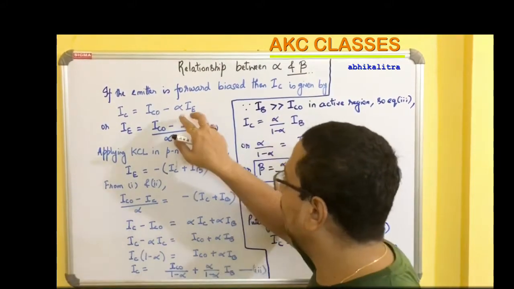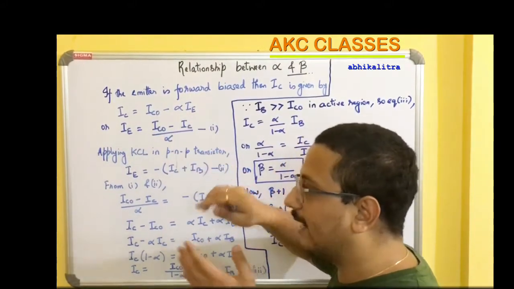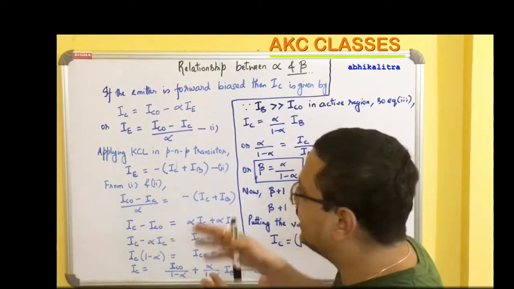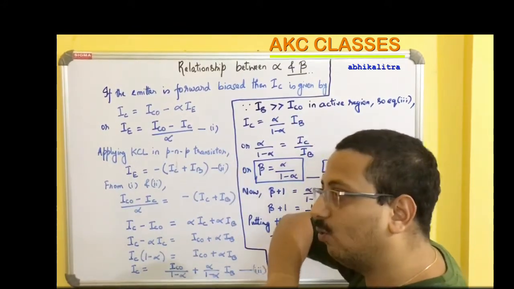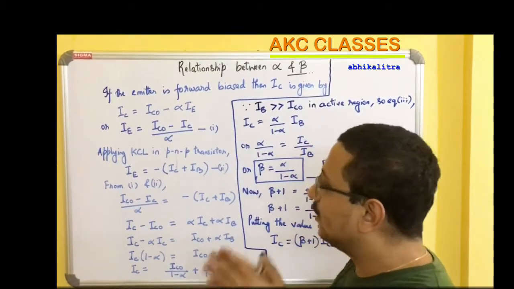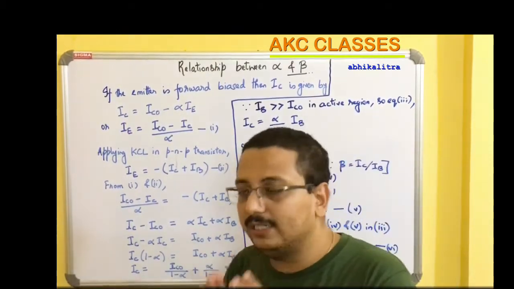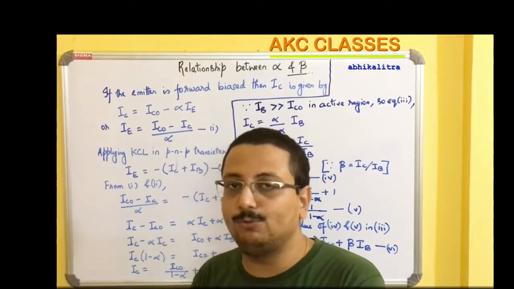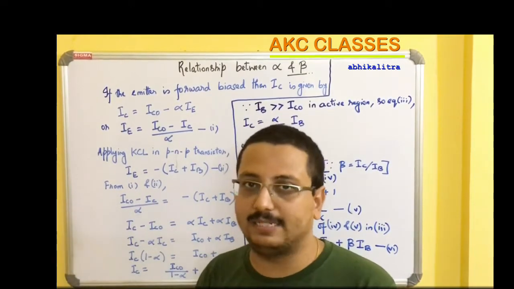Whatever gain comes from the base side, alpha, and whatever holes come from the emitter side, that is IE, is all subtracted. What is left is only the reverse saturation current due to the reverse bias in the collector base junction.